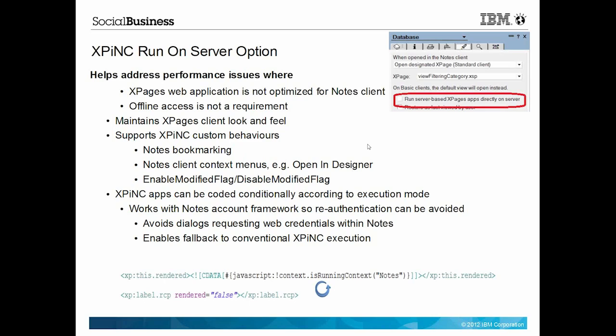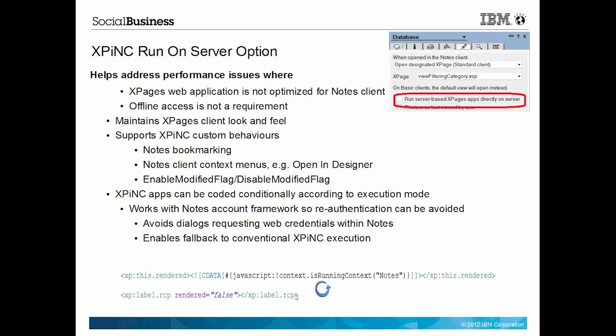This means they run on the server, but in such a way that all of the XPages custom behaviors are preserved, like Notes bookmarking, the client context menus that are enabled when running in the client, XPages, and the dirty flag and so forth. All of these continue to function, because work has been done to maintain the context that the application is running in the client, even though it's running on the server, if you know what I mean.